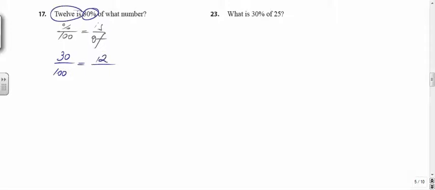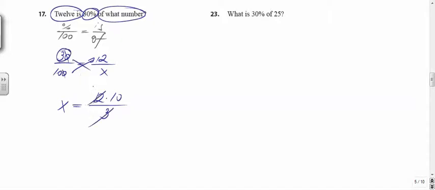That will be your is, and of what number is missing. Alright? Same story, you can simplify here by 10. You can also simplify by 3, but if you don't see that, you will just say that x will be equal to the other diagonal's product, 12 times 10, over the number that's on the same diagonal with your x, which is 3.